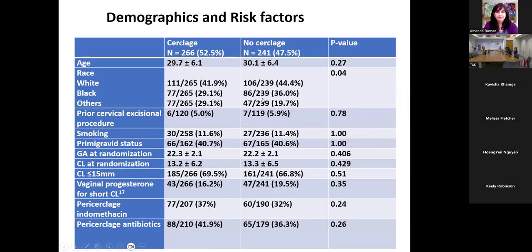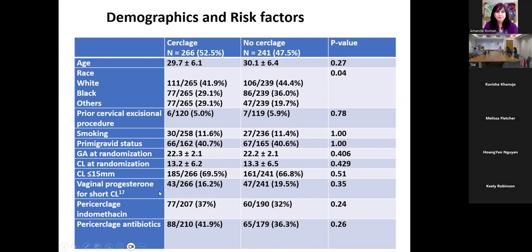But these days, it's almost questionable whether you should report race or not. Obviously, this was by chance; these were randomized trials. Usually gestational age at randomization was 22 weeks, and the cervix was 13 millimeters, and in about two-thirds the cervix was 15 or less.